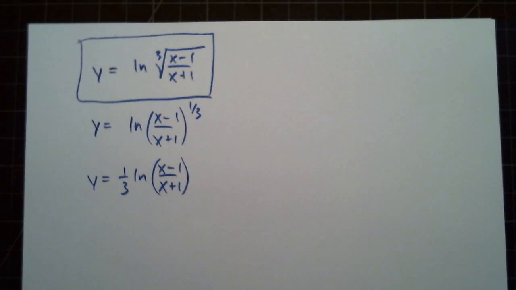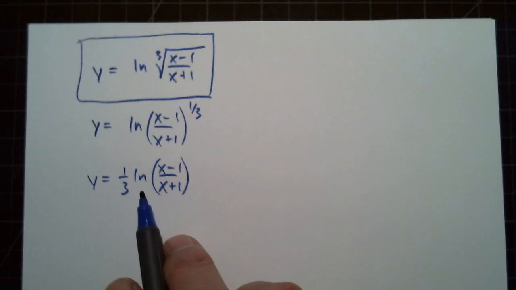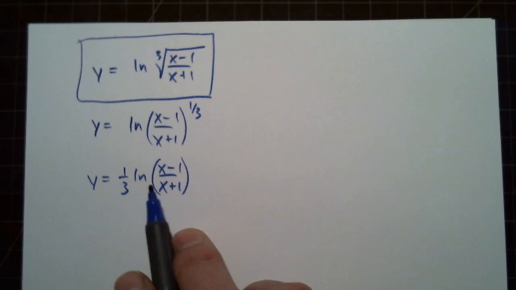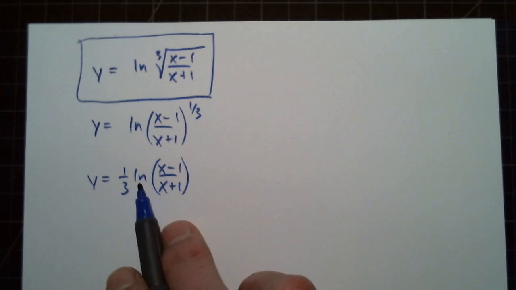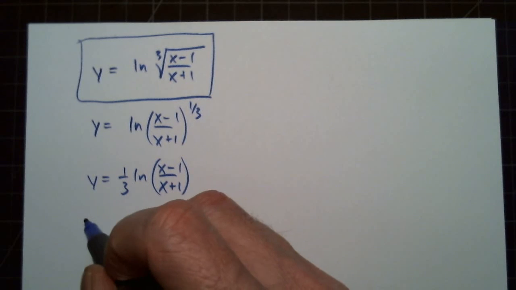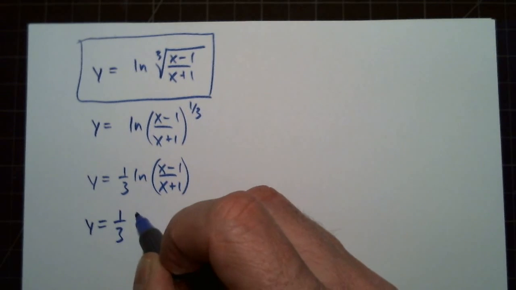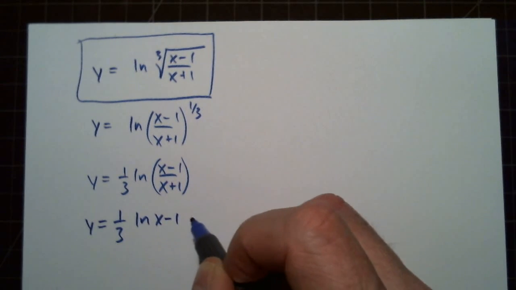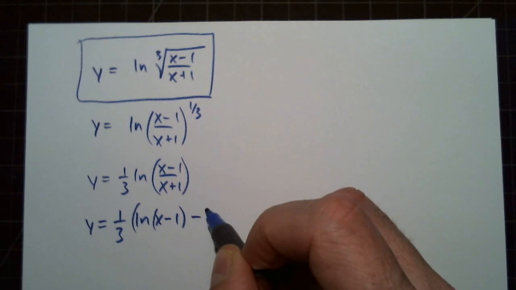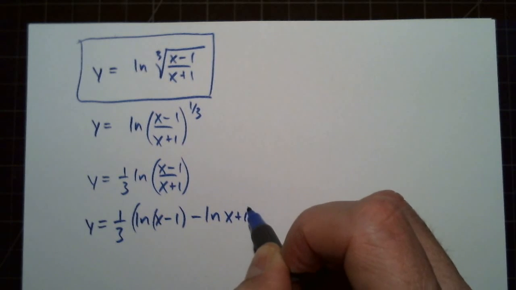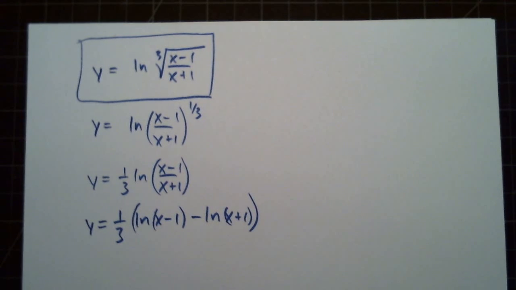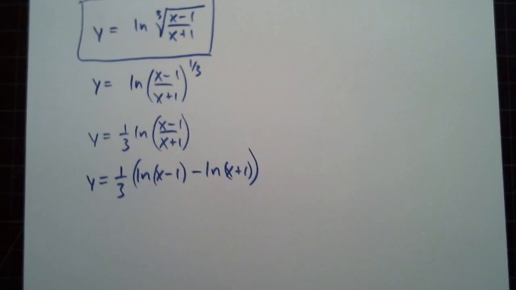Now, if we did the derivative now, we would have to do chain rule, but also a quotient rule. Due to the properties of logarithms, we can write it like this. Now we don't have to do the quotient rule.